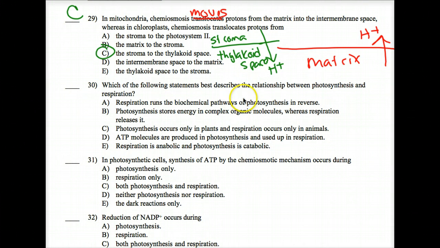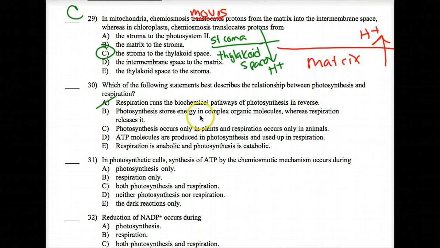Number 30, which of the following statements best describes the relationship between photosynthesis and cellular respiration? Respiration runs the biochemical pathways of photosynthesis in reverse. Close, but not exactly. Because if that was true, then since you start photosynthesis with sunlight, if you ran those pathways backwards, you would have to end with sunlight. And none of you shine sunlight out of your cells, as much as your parents might think that you do sometimes.